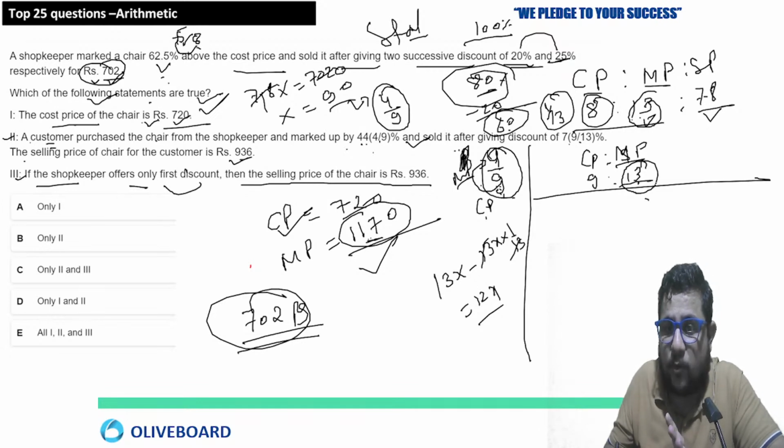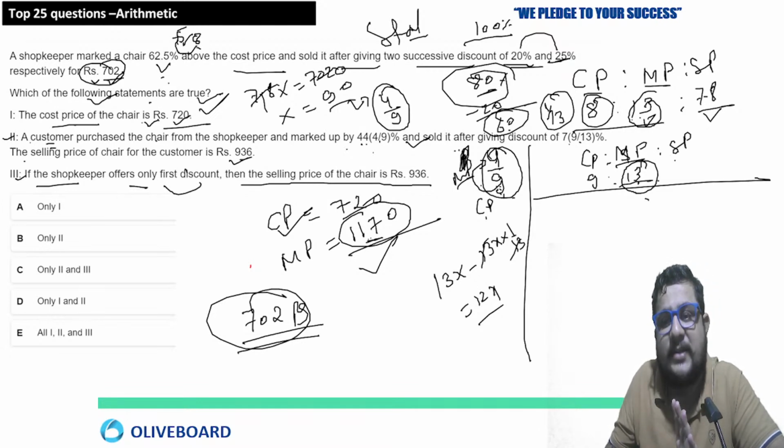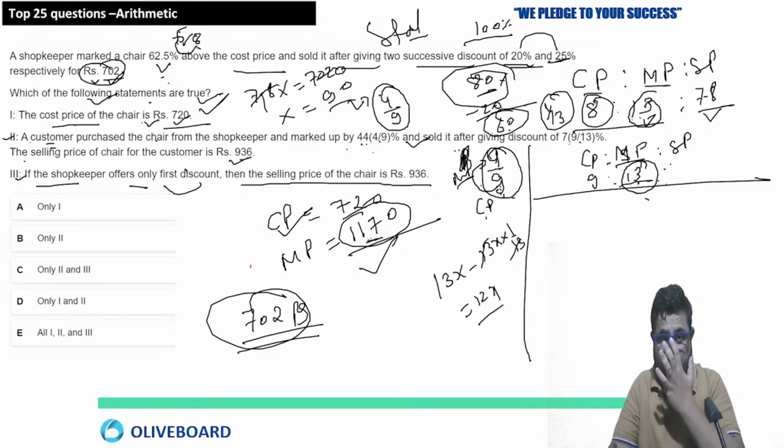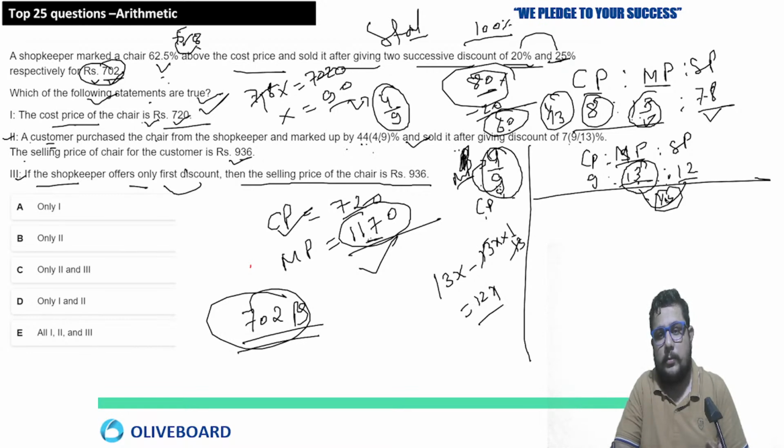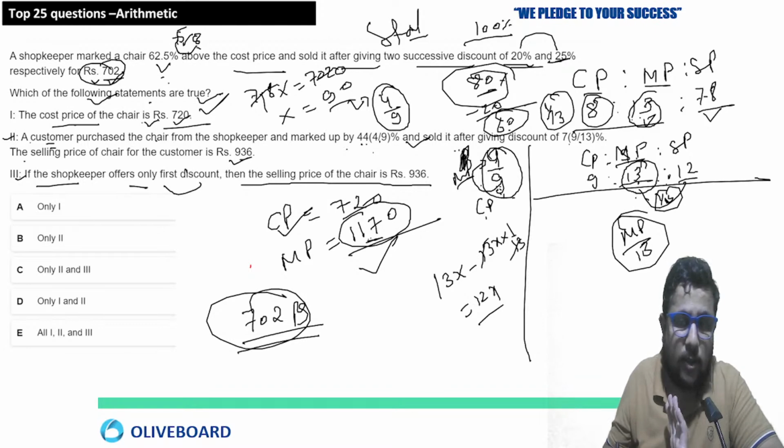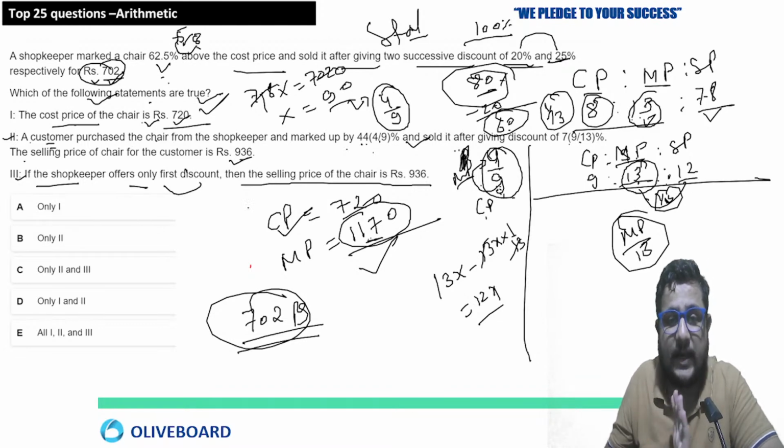So 9 plus 4, 13, marked up price. Now we will get the selling price. This is going to be 12 after subtracting 1 by 13 from here. When you subtract 1 by 13 of the marked price from the marked price, you will get this.